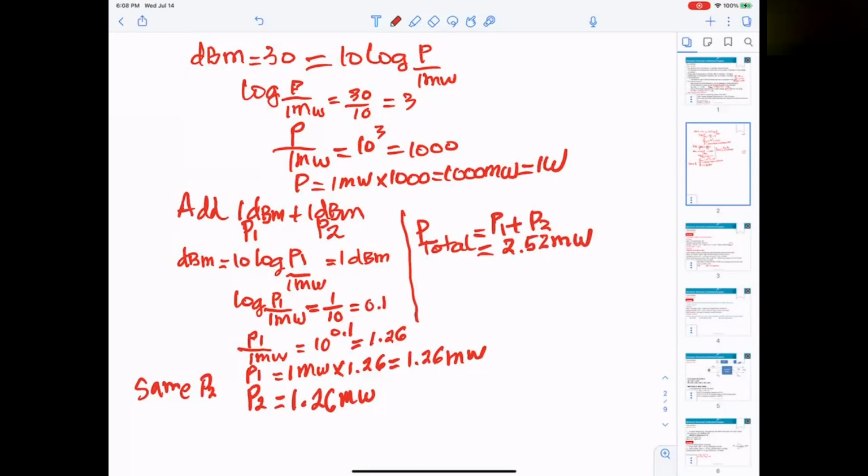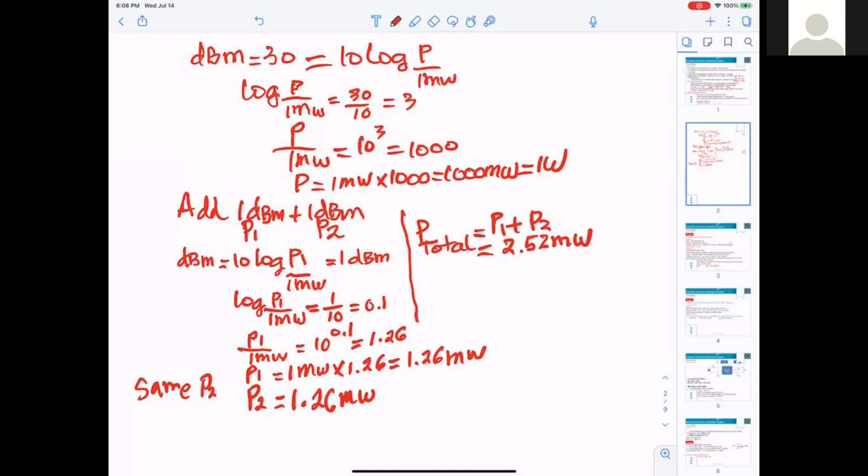Yeah, let me just double check, Mr. Pham, because you're just adding them up. Yeah, make sure. 1.26 times 2 is 2.52, correct? Milliwatt. Not done yet.